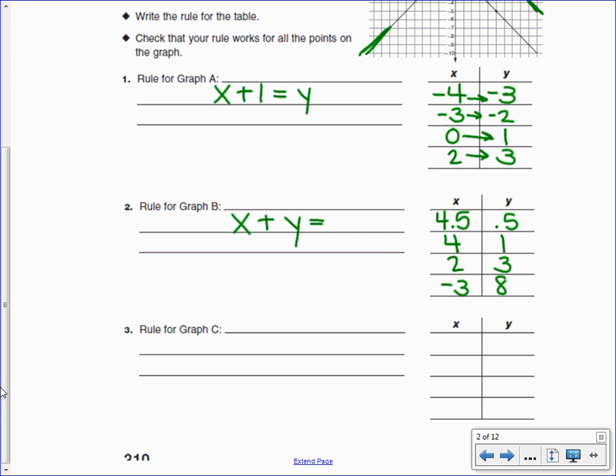You get 5 every single time. That's pretty cool. I won't give you one like that on the test, because that one's different than the ones we've seen. But I also wanted you to see that it's not always going to be X plus 1 or X minus 2. Sometimes the algebraic equations are a little funky.